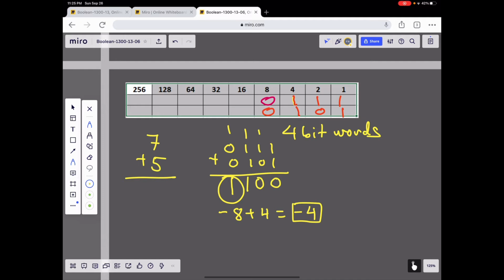So 7 plus 5 equals negative 4. How could it be negative 4? So it doesn't work. 7 plus 5 should be 12. So negative 4 is not working. So what happened here? That means 4-bit words is not large enough.